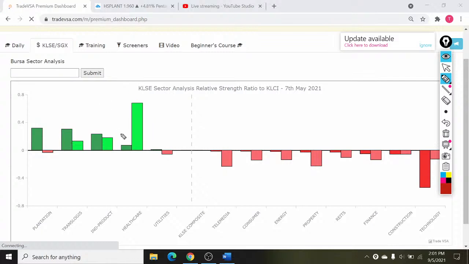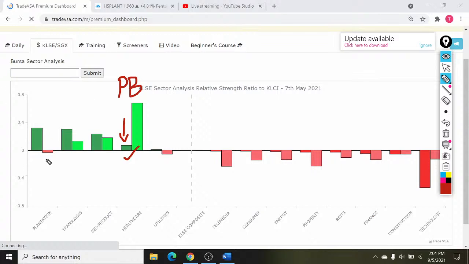We want to compare whether the momentum between this week and last week is going up or going down. For example, healthcare has been moving up compared to KLCI for two weeks, but this week it has slowed down compared to last week, so this is a potential pullback sector.